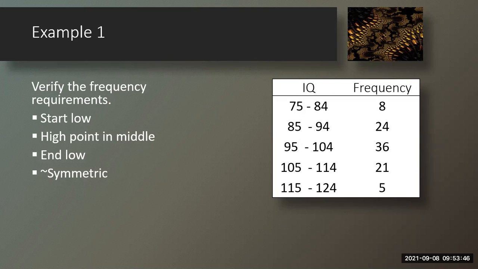You can see that the pattern of low, high, low, and the symmetry is really supported there in that frequency count. So yes, this distribution is approximately normal. We can make that statement. I'll be asking you to judge, and these are the kinds of things you'll need to take into account.